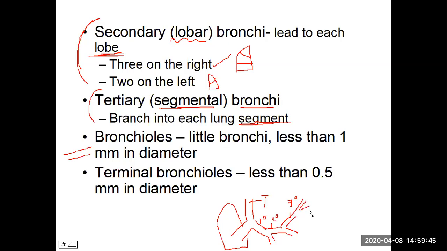There will be multiple bronchioles, so I can't draw this to scale. And ultimately, what are known as terminal bronchioles are the very end, and they mark the very end of the conduction zone.